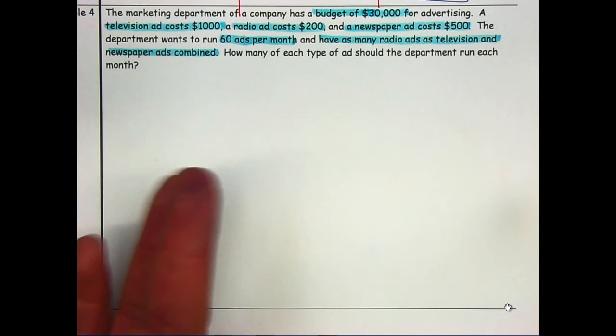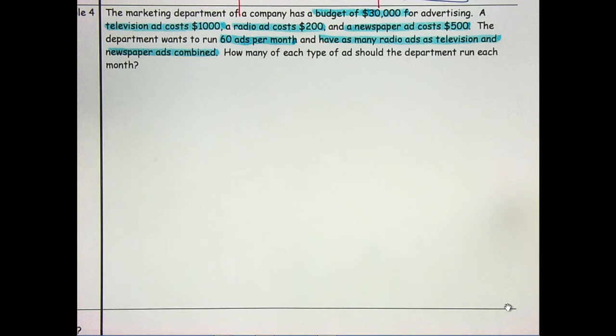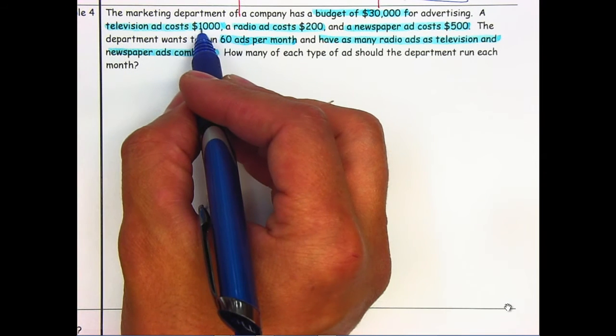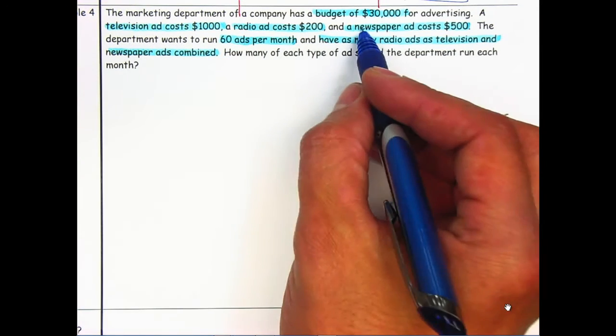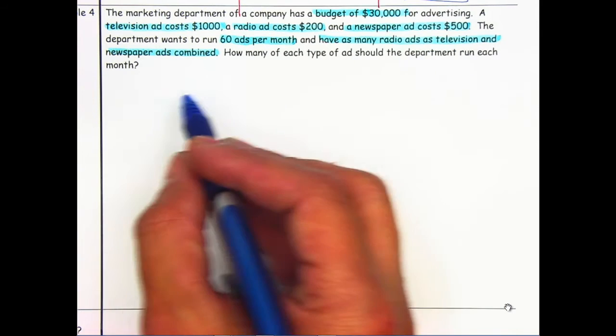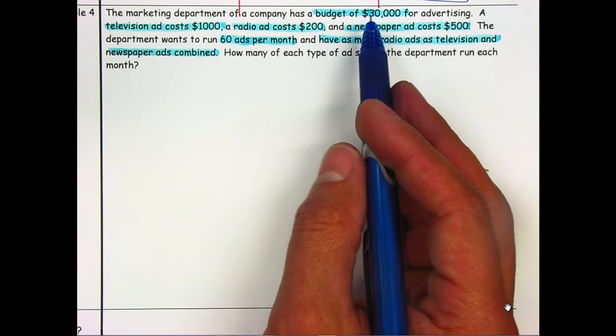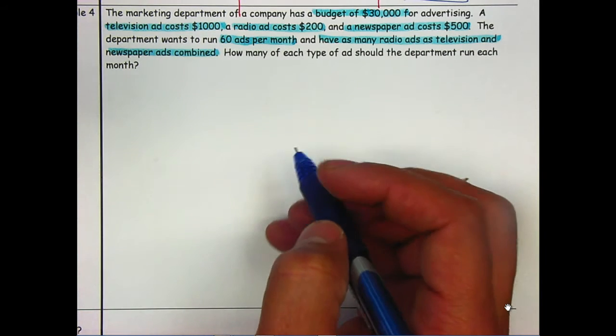So your first equation is going to be very similar to what we covered before. We know that television ads cost $1,000, radio $200, newspaper $500. So the first one will be dealing with how much money we are spending, and we know that it has to be $30,000.